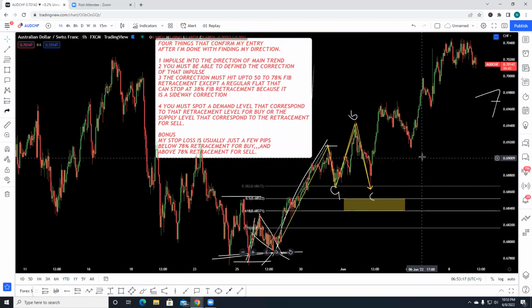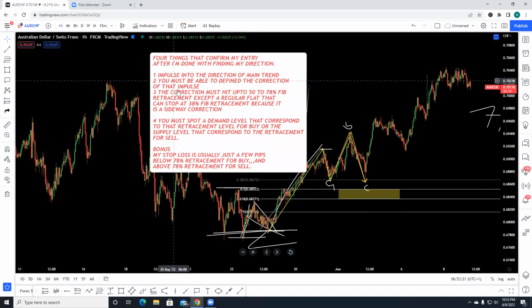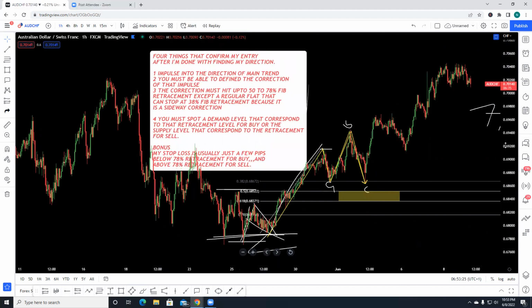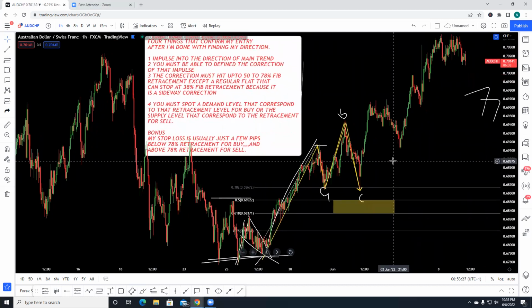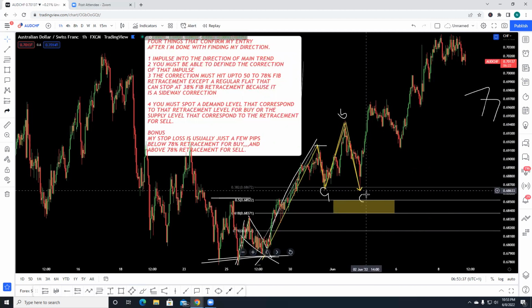See that this is 38 flat, and it may not even necessarily be only regular flat can end at 38 in a trend. Okay, because it is a sideways correction, and it's not necessary for it to come to the downside. It's not necessary to form a deep retracement like zigzag.